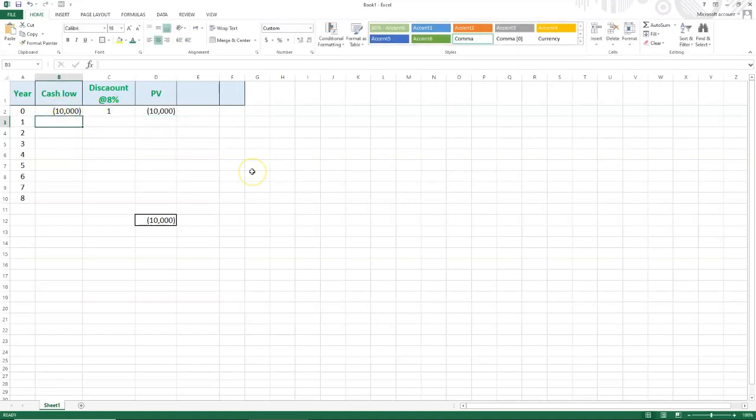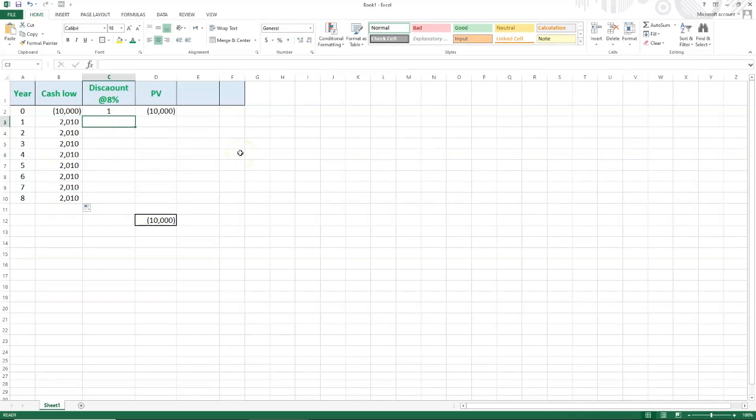So the first year we will have $3,000, but we need to remove the tax, which is 33%, so times 0.67. This is the net, or after-tax, cash for the next 8 years. How to calculate the discount factor at 8%? I'm going to give you a simple way: say 1 divided by (1 plus 0.08).